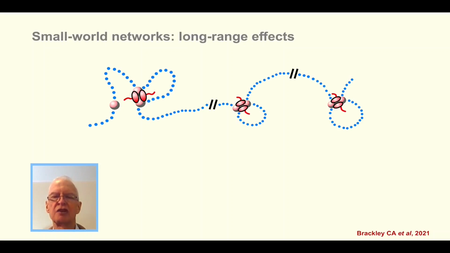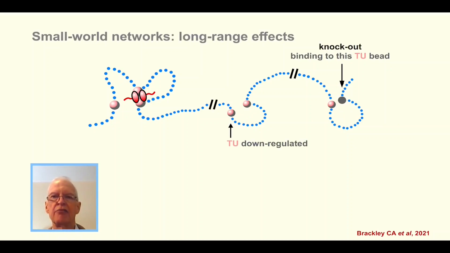If you look at the cluster on the right, both pink beads are being transcribed. Now let's imagine that we make a point mutation that knocks out the binding of one factor to a bead so that this transcription unit ceases to be transcribed. And so this knockout destroys this cluster, and the remarkable finding is that other transcription units, both near and far away, change their activities.